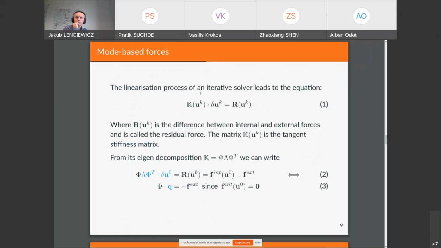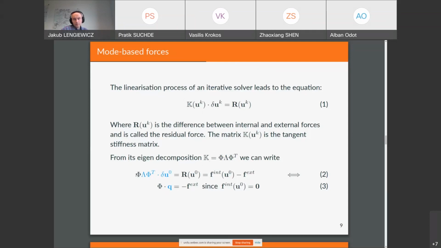And we make the eigen decomposition of this matrix K, which is the tangent stiffness matrix. This matrix represents the mechanical properties of the object. And we know that if we work at rest shape, we will have a linear approximation of the final displacement. And that's what we basically do in here.